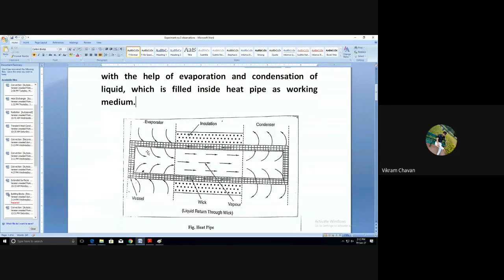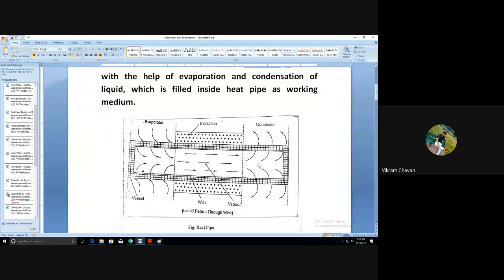Once the liquid is converted into vapor form, due to the pressure difference these vapors travel from the evaporative section to the condenser section.